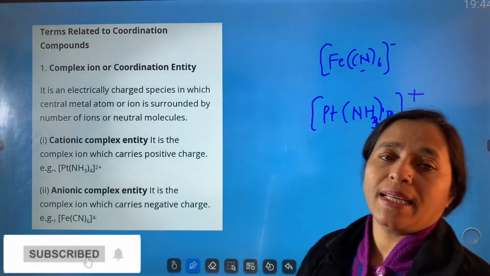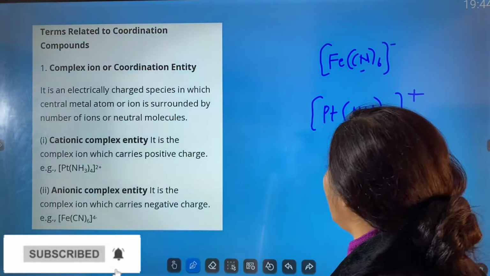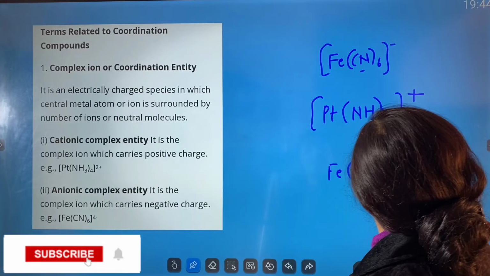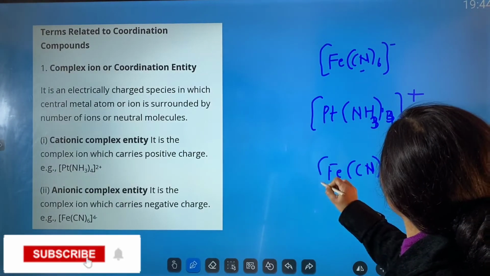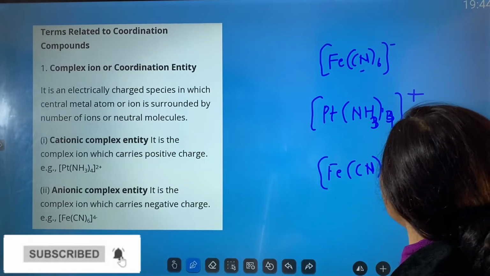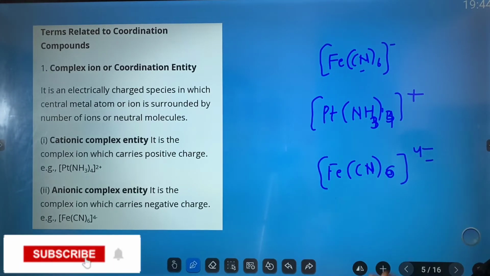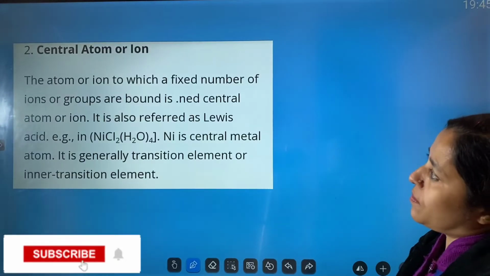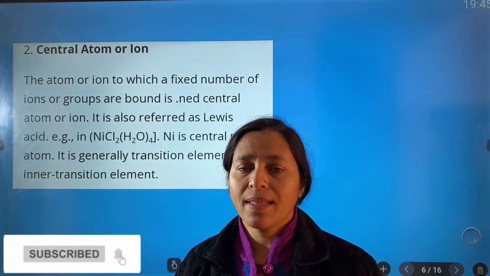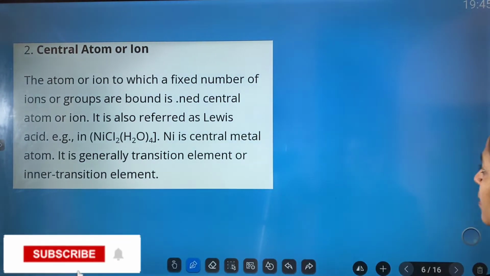And if you look at the anionic complex entity, we are taking this example. Since this complex ion has a negative charge, it is an anionic complex entity, or negative complex ion.